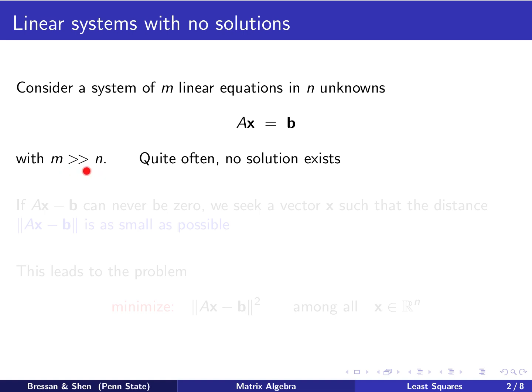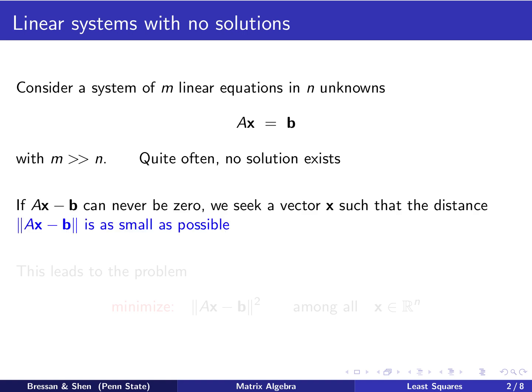This symbol here means much bigger than. So you have a small number of unknowns, but a large number of linear equations. So quite often there are no solutions.